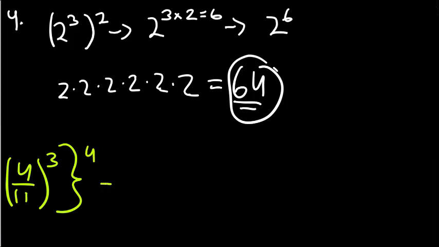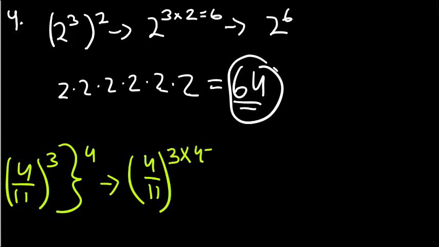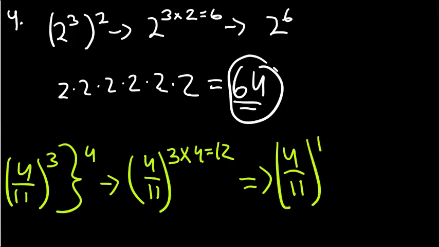So we would do it the same way. We would take the powers and multiply them together. So it would be 4 over 11 to the power of 3 times 4. And 3 times 4 equals 12. So the answer would be 4 over 11, in parentheses, to the power of 12. And that would be our answer.